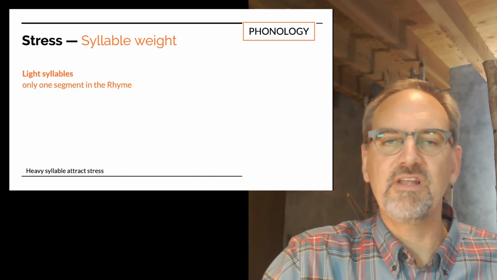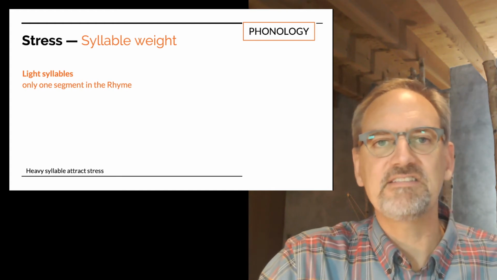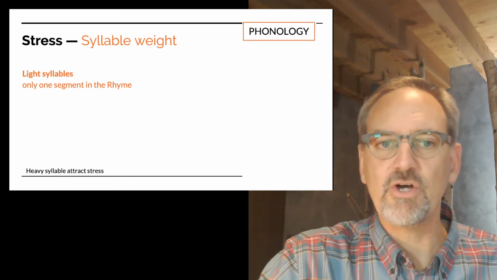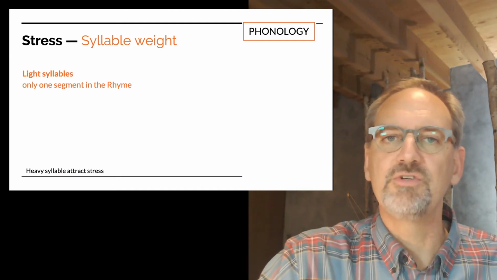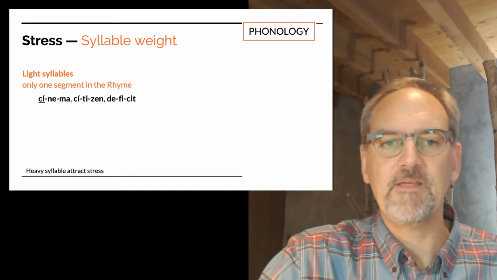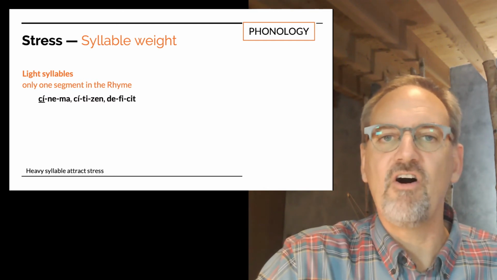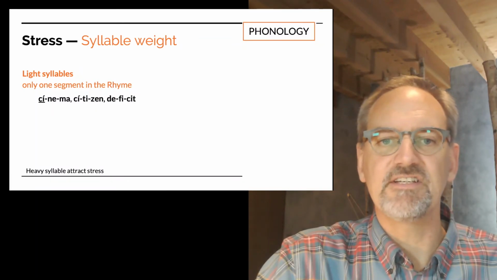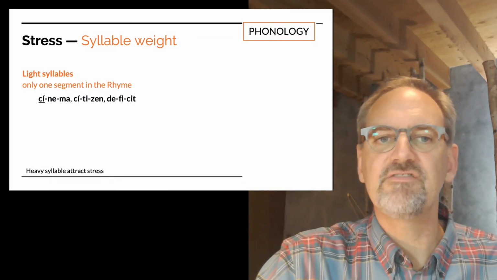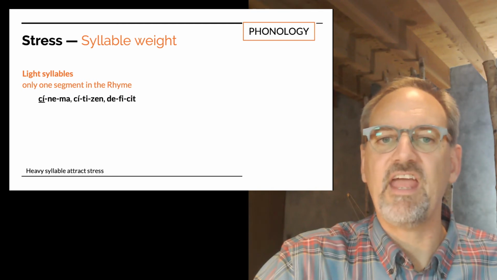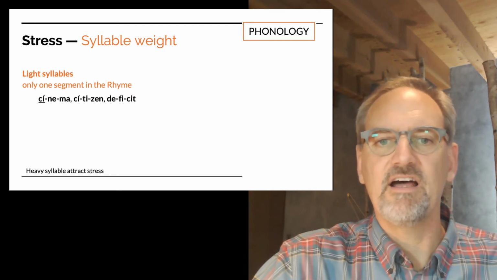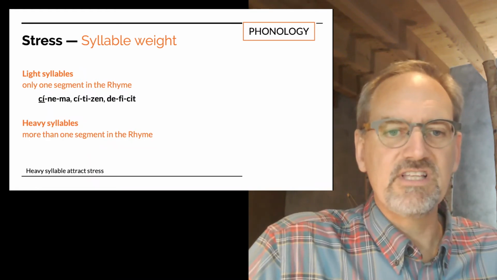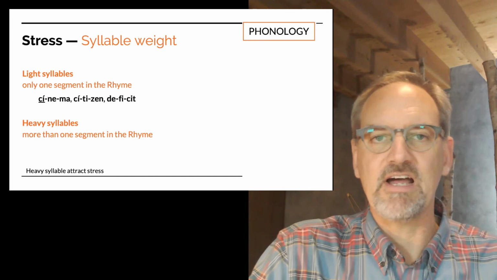We determine a syllable's weight based on the number of segments in the rhyme of the syllable. A light syllable is one that has only one segment in the rhyme. So in cinema, all of them are light syllables. Cinema, citizen, deficit. Each of these begins with a light syllable. In fact, they have several light syllables. Heavy syllables are those that have more than one segment in the rhyme.